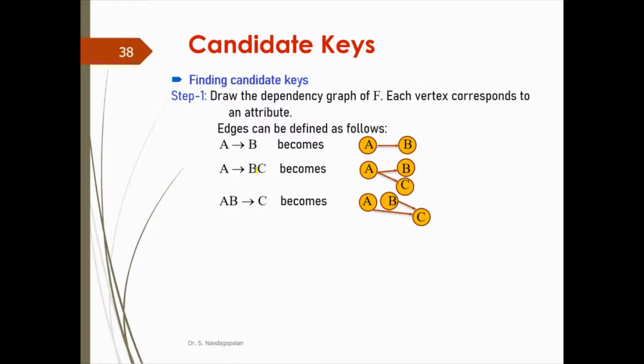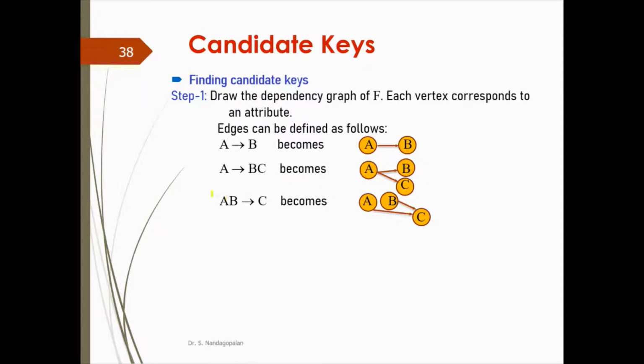So whatever the number of attributes you have on the left hand side, whatever the attributes you have on the right hand side, doesn't matter. All that you need to do is draw directed edges depending upon the FD. If you have one attribute on either side, it is one directed edge. Supposing you have 2 vertices on the right side, then you have 2 edges.